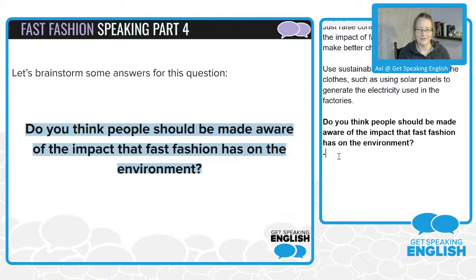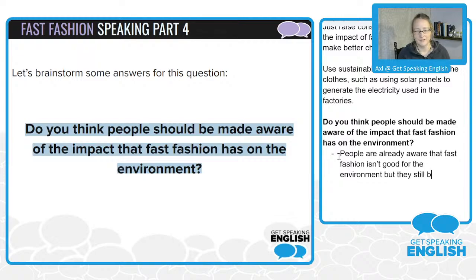Yeah, I was going to say, some people might argue that people are already aware that fast fashion isn't good for the environment, but they still buy it because it's convenient and more affordable than the alternatives, right?